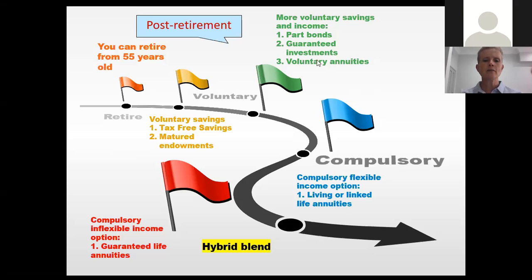Okay, and that's a much more flexible income option. And the second of those options would be a little bit less flexible, and that's a guaranteed life annuity.